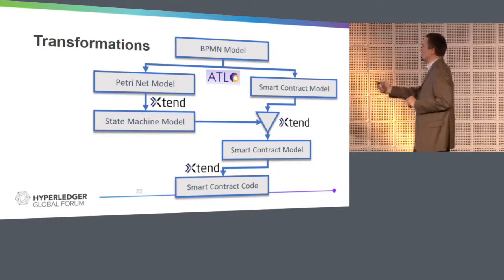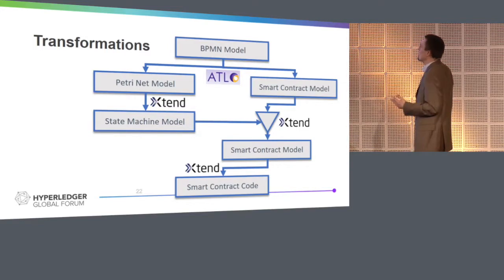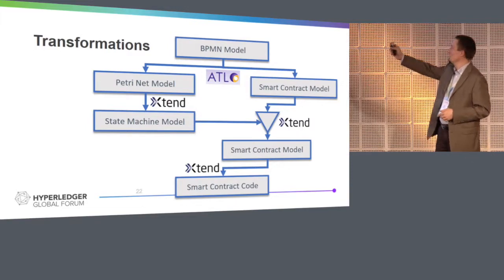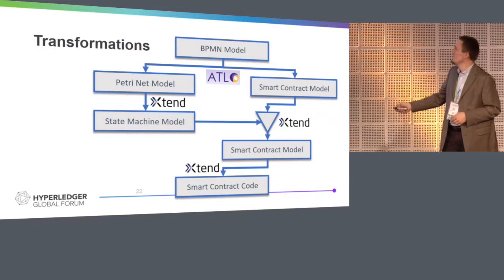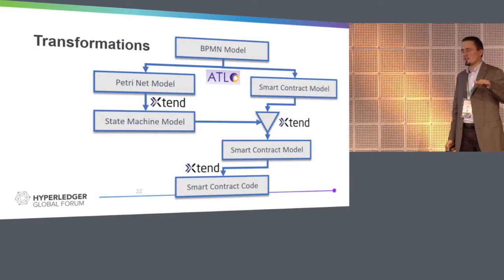And this thing here is, let's say, knowing about all possible allowed executions in the business process. So in all logical states of the smart contract, it would be able to decide whether a certain transition can be executed or not.